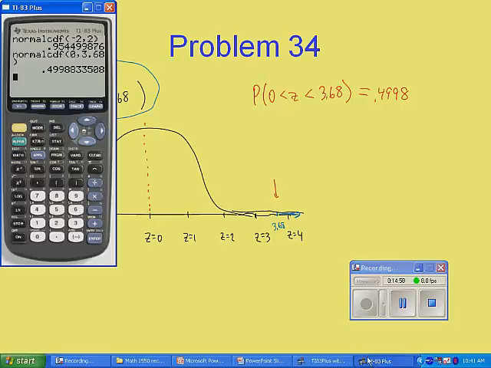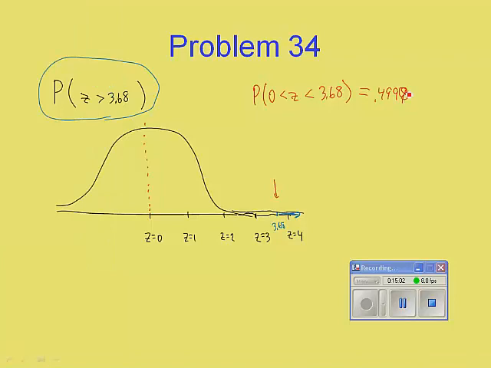Let me see that again. Oh no, 0.4999 if I round. Wow. This area in here is 0.4999.